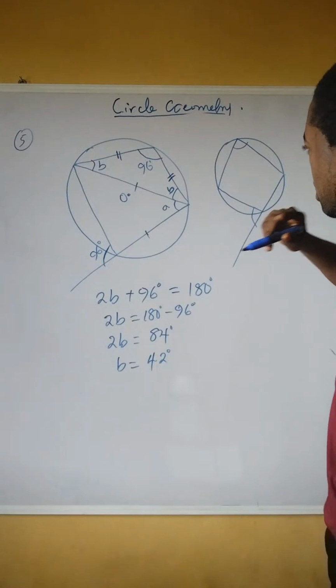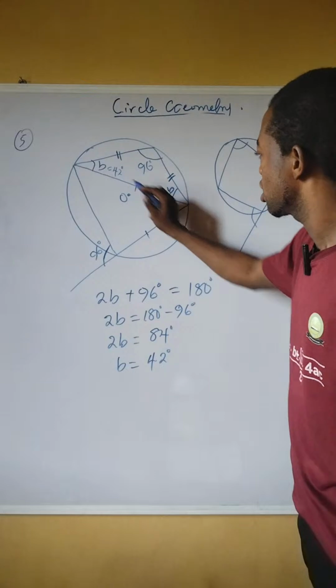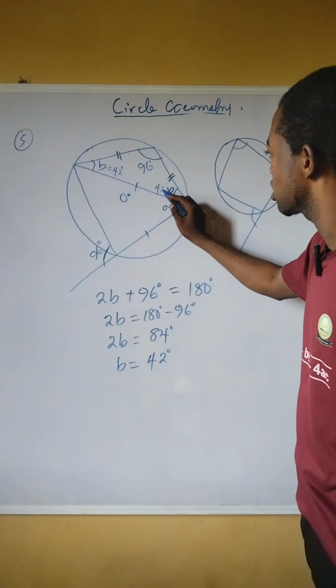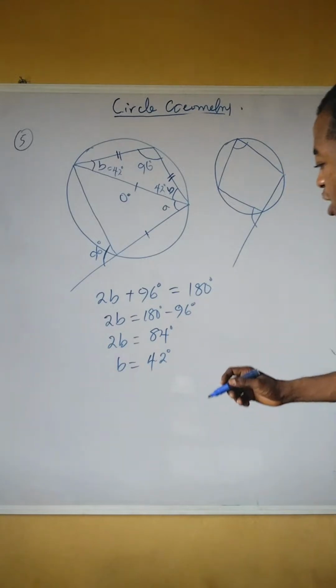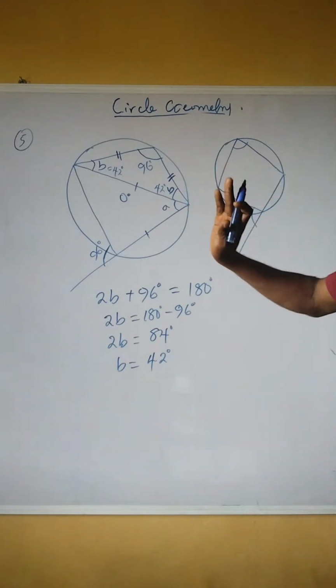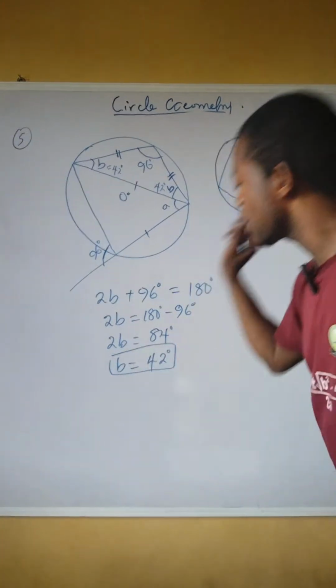Now, B is 42 degrees and also 42 degrees here. Then we want to find the value of A. To find the value of A here, easily, we might not need to stress ourselves again. We already have B. Two things we are finding: we are finding B, B is gotten. Now, how do we get A?